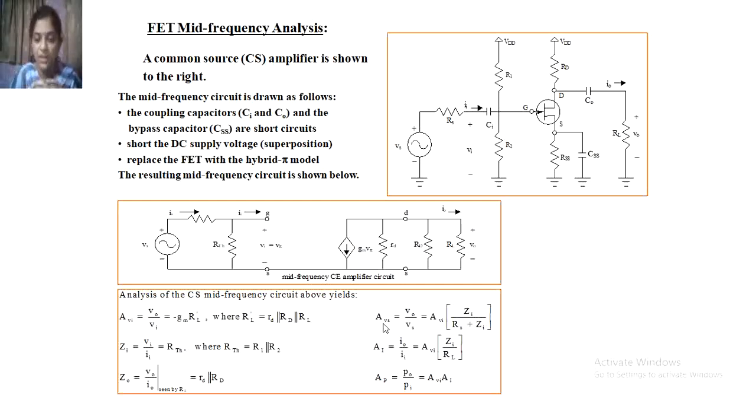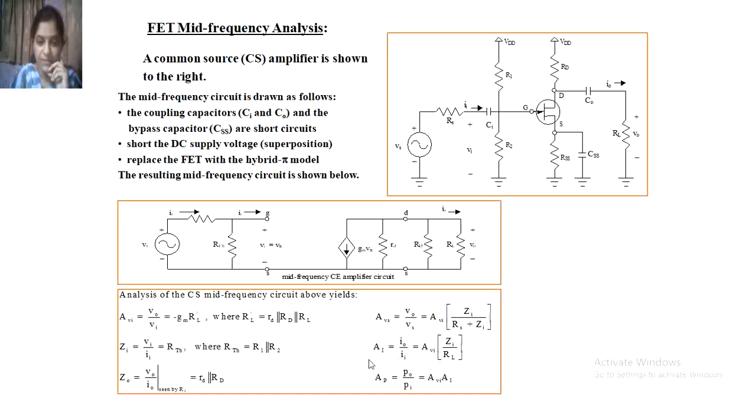Then the output voltage gain, from the output circuitry, V0 divided by Vs, is equal to the input voltage gain times the input impedance divided by Rs plus Zi.